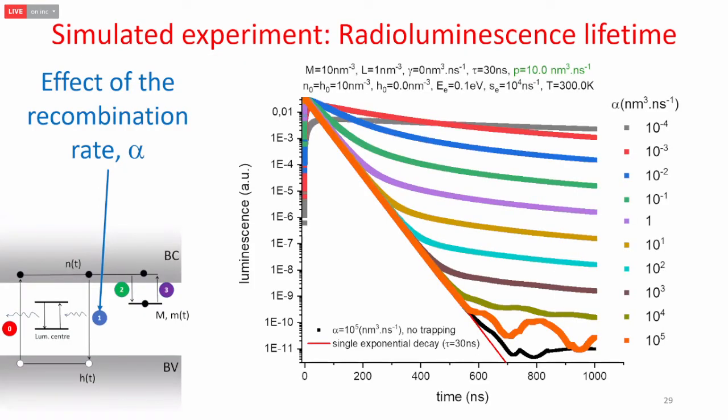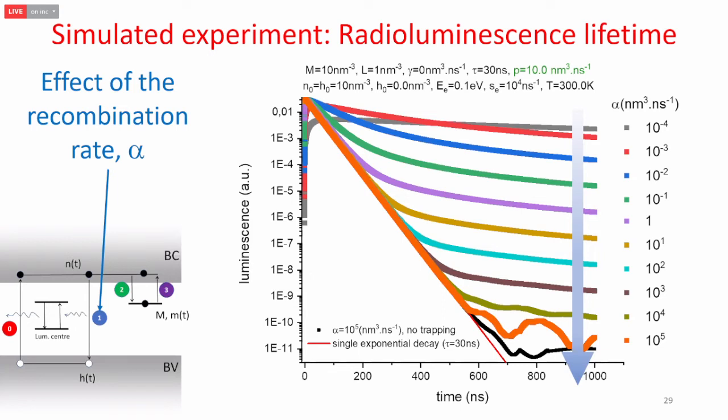But as soon as I increase the trapping, a lot of different things start happening. And again, here is a variation of the recombination rate, which increases when we move down here. When we have a very high recombination rate, the curve lies on the single exponential decay.